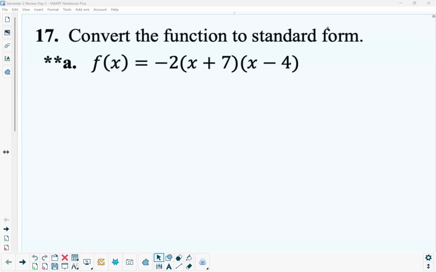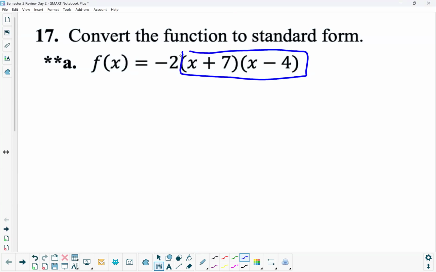So for this one, the first thing we need to do is multiply the binomial. And problem 16, we did a similar process and we used the box method. So for this one, I am going to use the FOIL method.